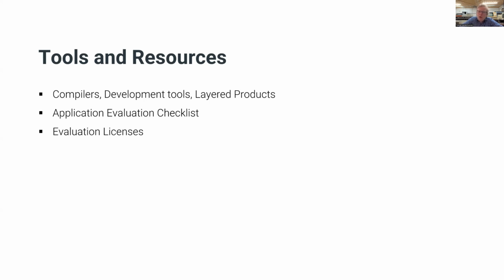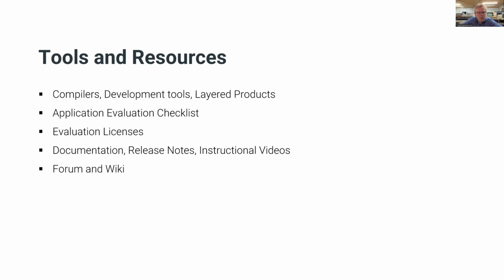Also on our website, you can find all sorts of documentation, the release notes for all the software we put out, and instructional videos on various subjects around running on x86. You can also get help from your peers using our forums, and you can find some information on our wiki pages.